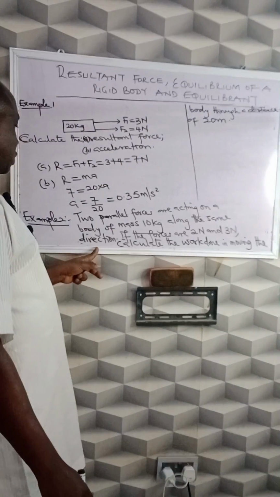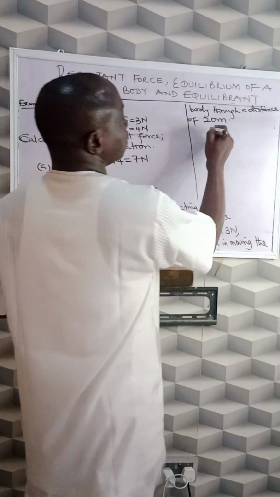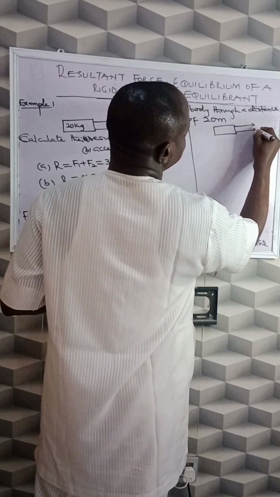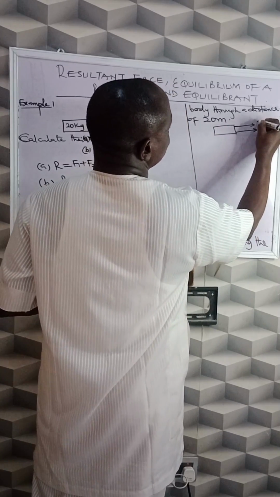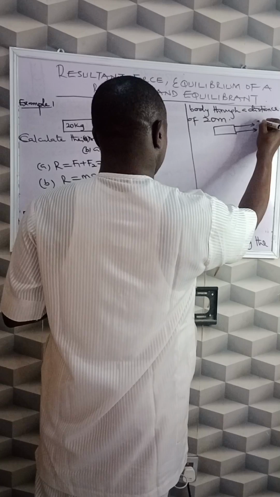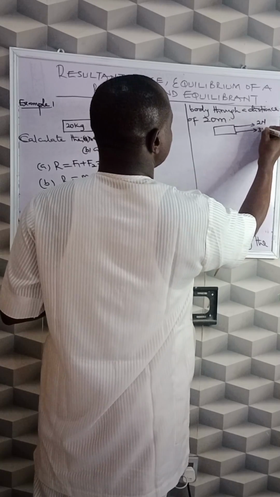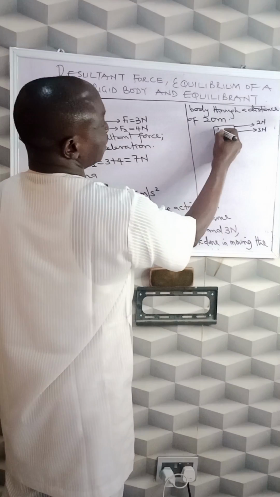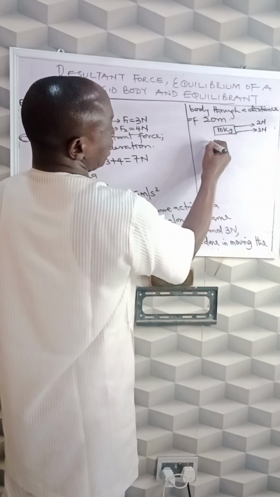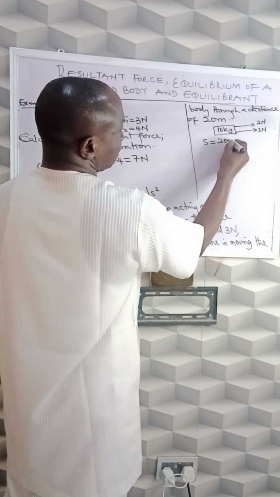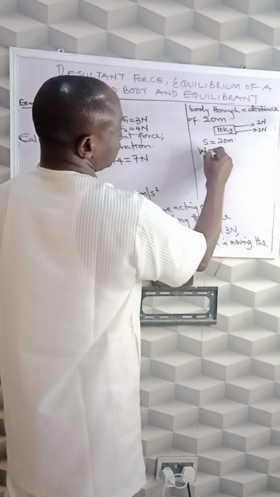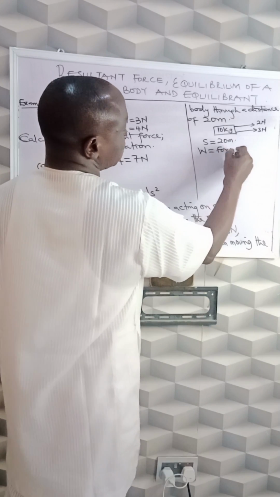So solution now, remember this is the diagram. We said they are parallel in the same direction. So this is 2 Newton here. This one is given to be 3 Newton. And the mass of the body is given to be 10 kilogram. You are given the distance to be 20 meters. And we have to calculate work done. Work done is equal to force times distance.